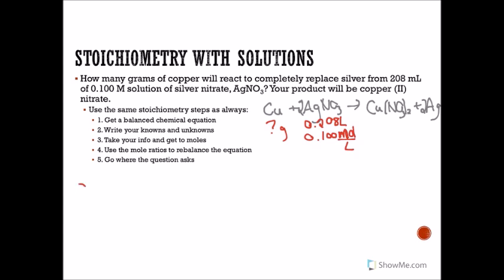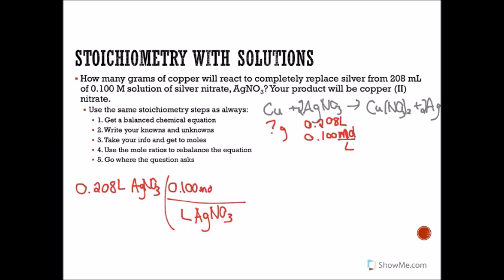We use that, 0.208 liters of silver nitrate, and we use our molarity to convert to moles. So we have our liters of silver nitrate and 0.100 moles of silver nitrate.